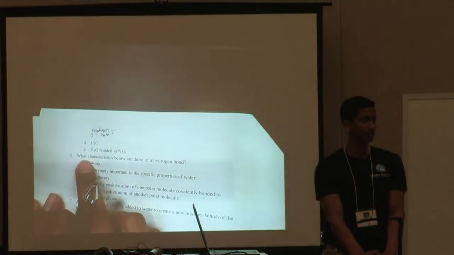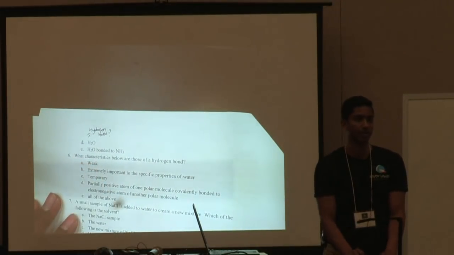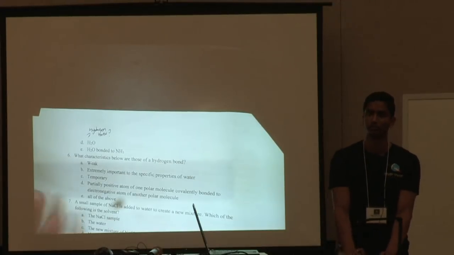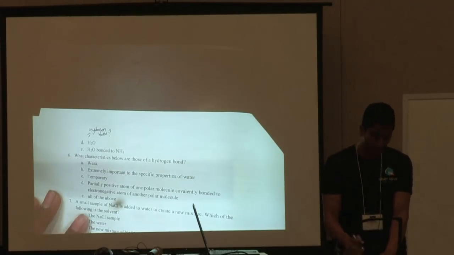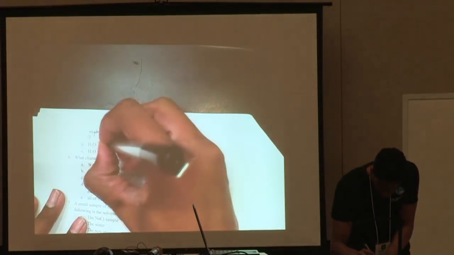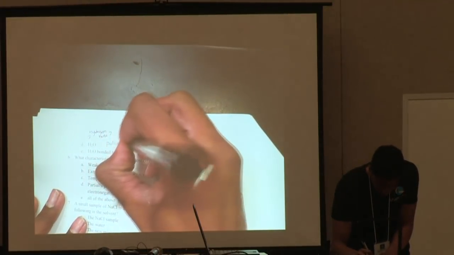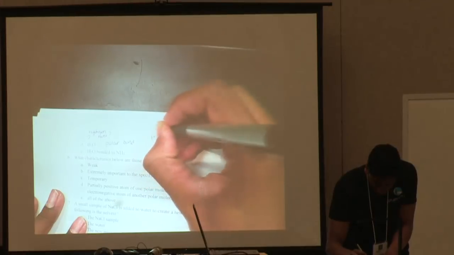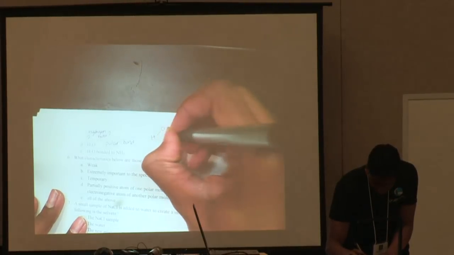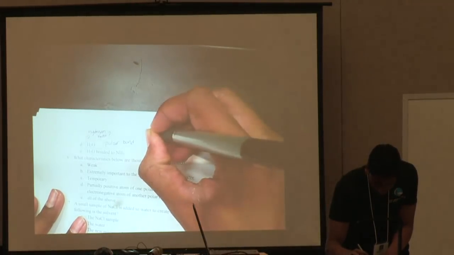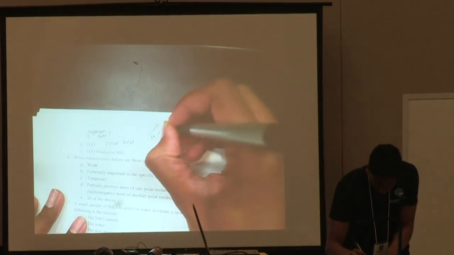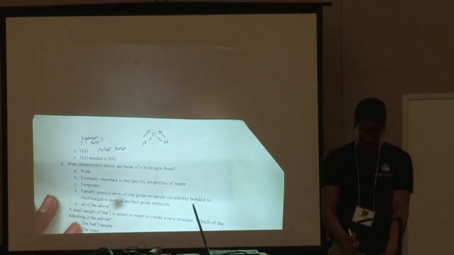But what type of bond is within H2O? It's a polar bond, right? If we draw it out, there's these two dipoles.